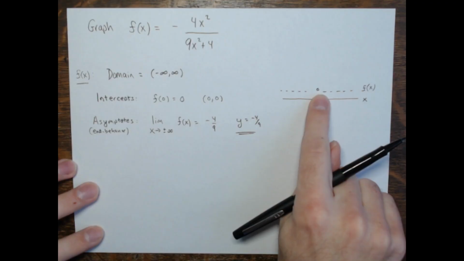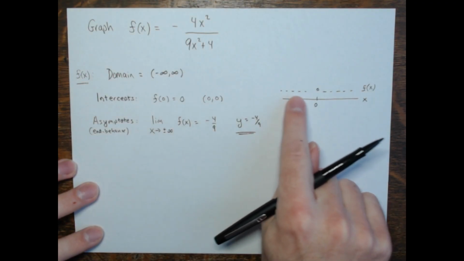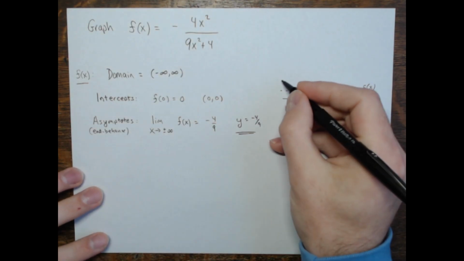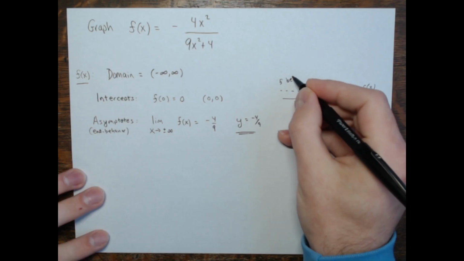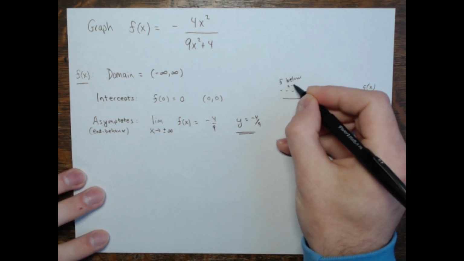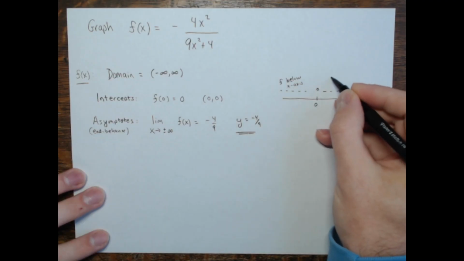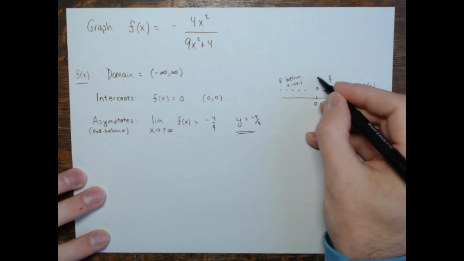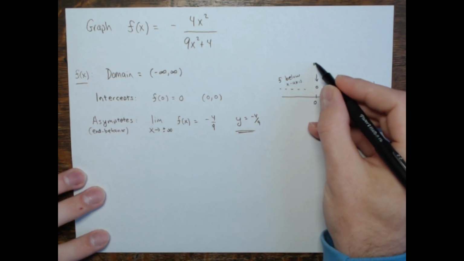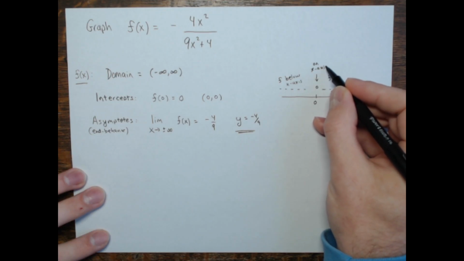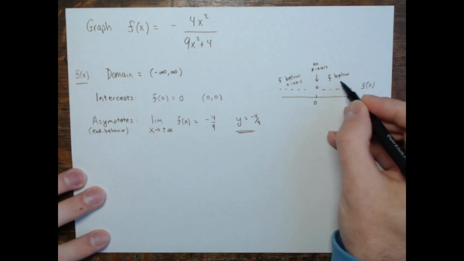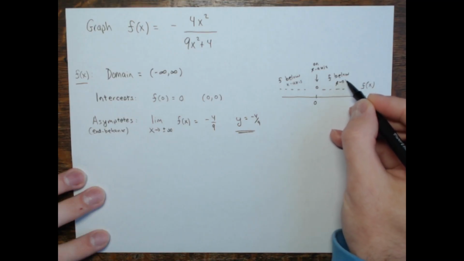So except at (0, 0), the graph of f will be below the x-axis. So f below the x-axis, that's what it means for the value to be negative, on this interval. Then it's on the x-axis at (0, 0). That's an x-intercept. And then again, negative values over here, f below the x-axis.